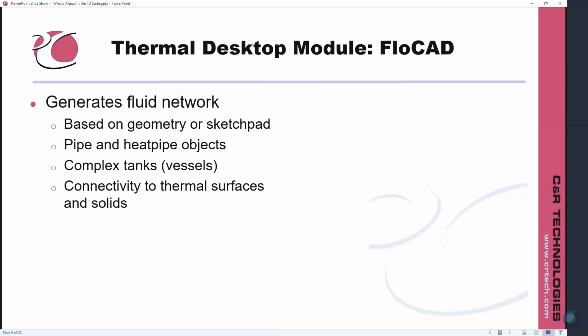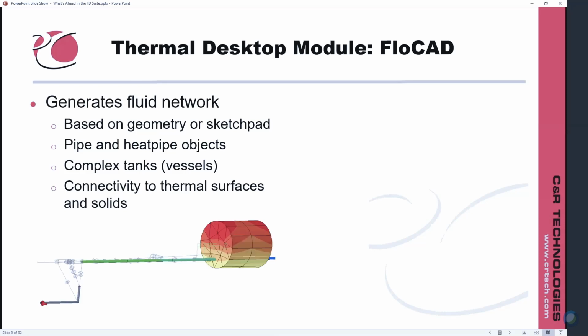And those can be involved in radiation. And then we also have a method for modeling heat pipes and estimating their behavior. We have complex tanks or vessels, and then all of this can connect to the thermal surfaces and solids so that you have heat transfer between the fluid and the structure.